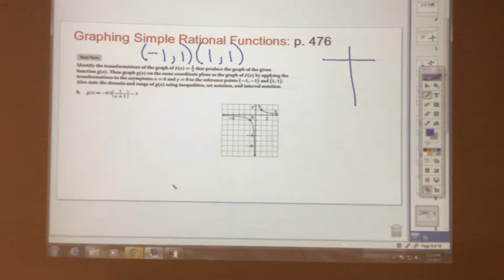Okay, first of all, let's state what this equation does. What did the parameters do to this equation? We know that it reflects across the x-axis. So write that down.